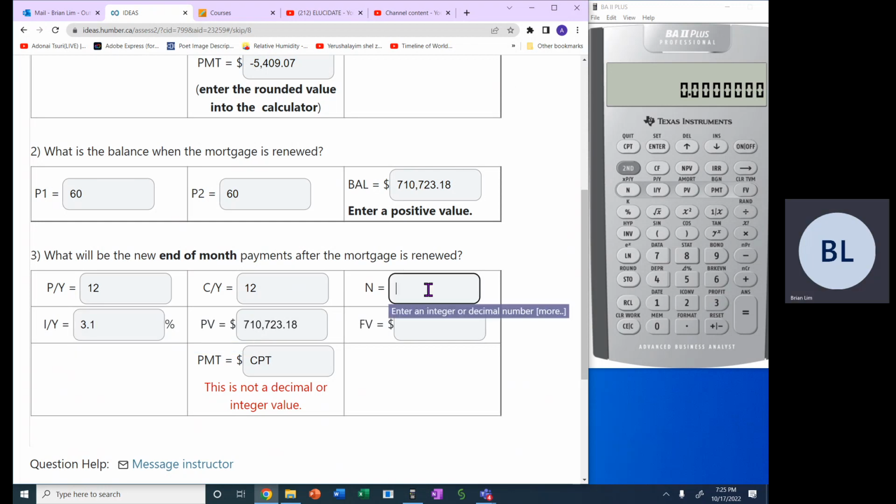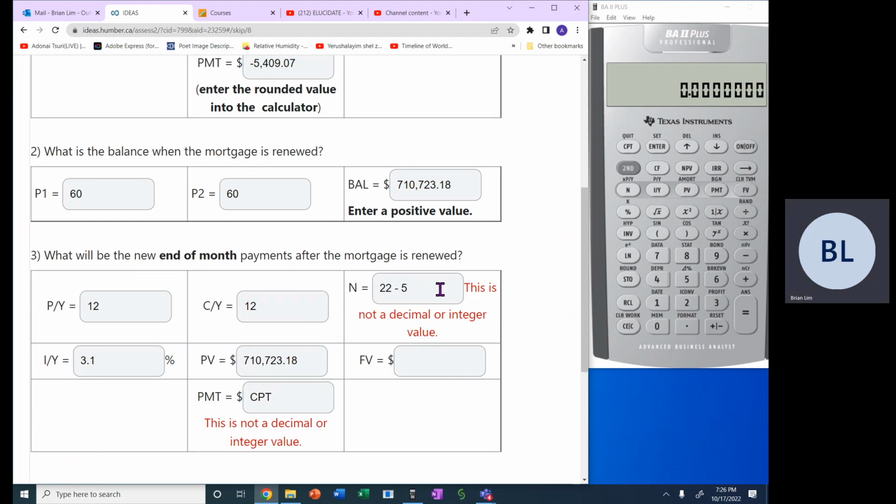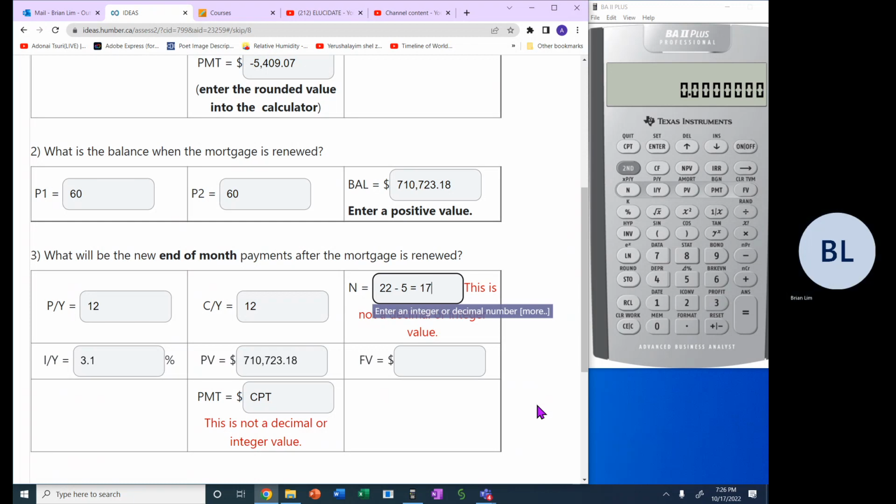All right, now what happens with N? Well, we were amortizing in the first part of the question. The first 5-year term was 22 years. But something has happened. 5 years have passed. Okay, so what are we left with? Well, we are left with 17 years to pay off the rest of the mortgage. Okay, so if you wish, you could put in the years in there so you know it is 17 years.